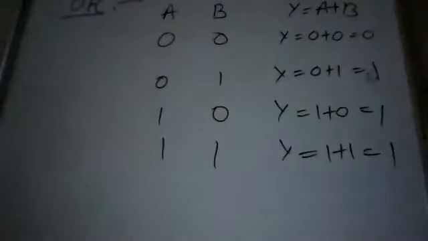Y equal to 1 plus 0 equal to 1. Y equal to 1 plus 1 equal to 1. This is the truth table. From this truth table, in three conditions we get the output value Y equal to 1.